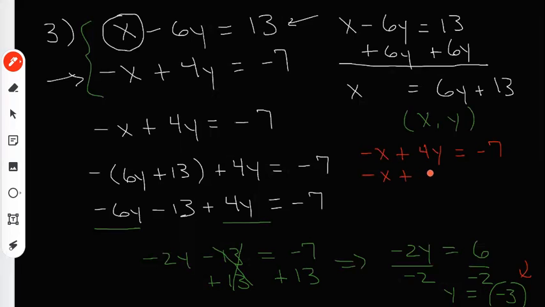So keeping everything else the same, I get negative x plus 4 times negative 3 equals negative 7. So simplifying that a little bit, I know that 4 times negative 3 is going to give me negative 12. And then I can add 12 to both sides to get rid of that. And I get negative x equals positive 5.